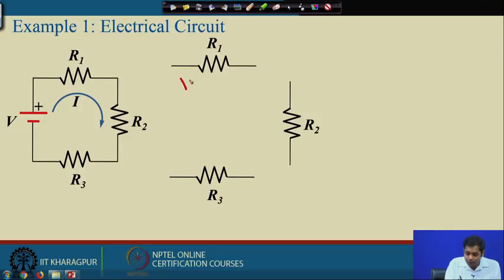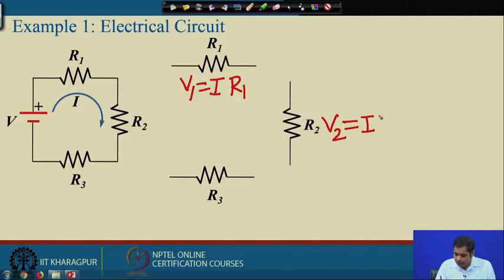V1 is equal to I R1. This is the relation, right? From Ohm's law we can get this relation. Similarly, V2 is equal to I R2, and similarly V3 is equal to I R3, right.